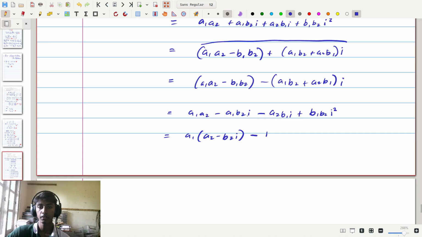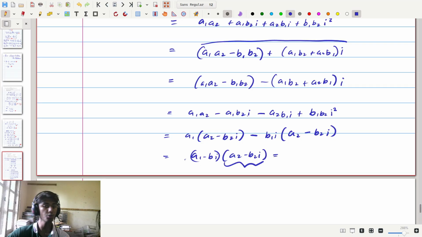minus b1 i times a2, and if you divide this by minus b1 i, you will get minus b2 i. And factorizing, we can see we get a1 minus b1 i times a2 minus b2 i, which is simply equal to z1 conjugate times z2 conjugate.